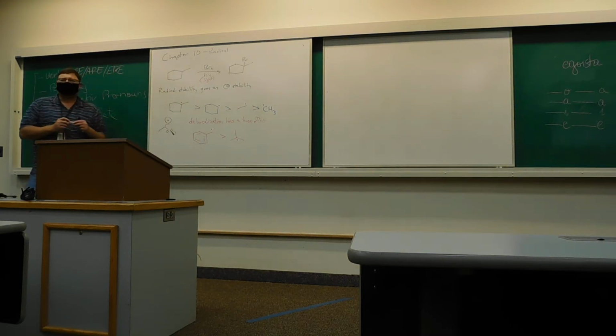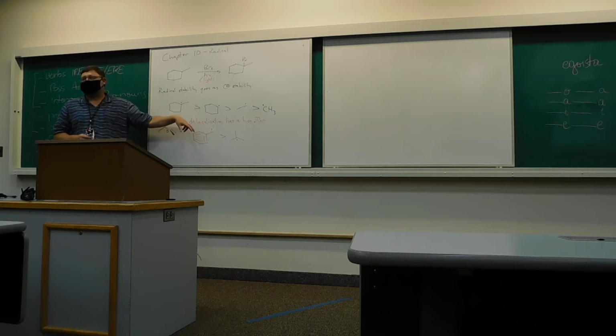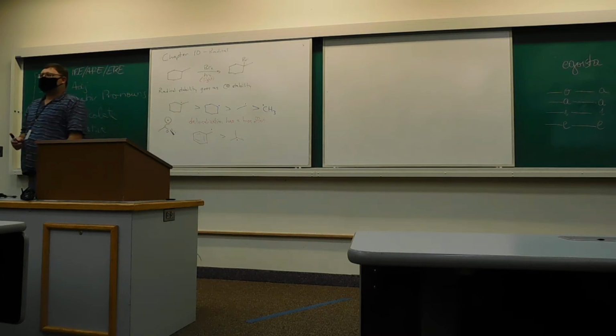A primary benzyl radical is actually more stable than a tertiary radical. On the left, with this benzyl radical, the one electron is delocalized around the ring, and it's quite stable. Obviously, if it was tertiary benzyl, it would be even more stable.